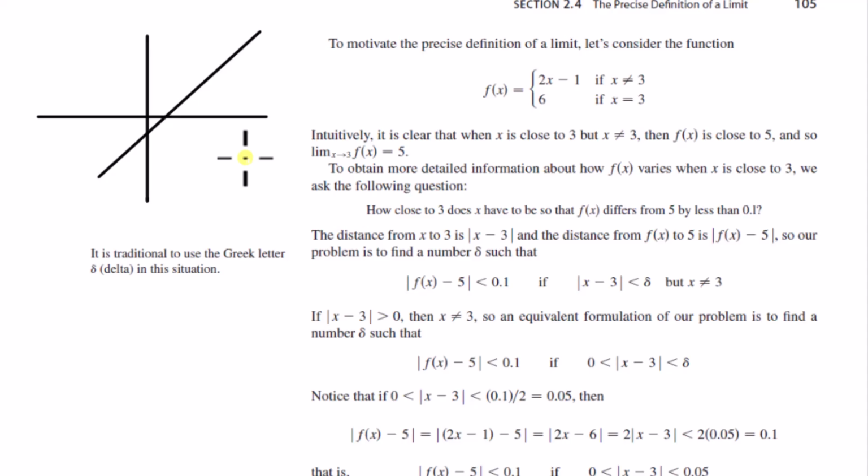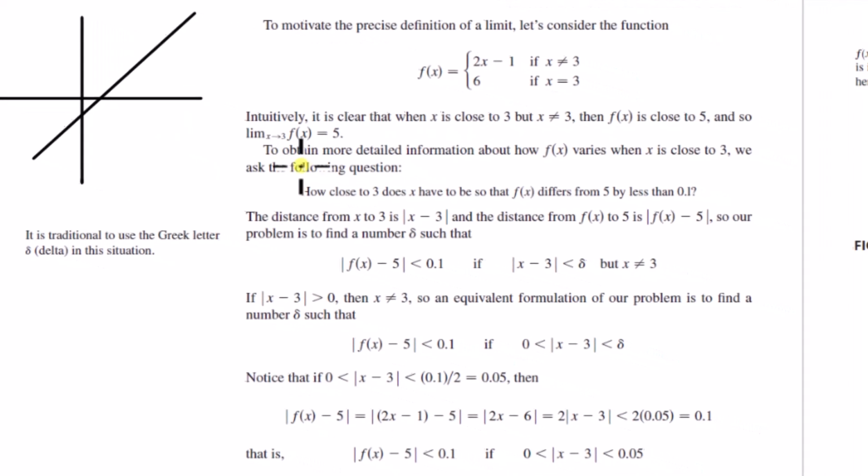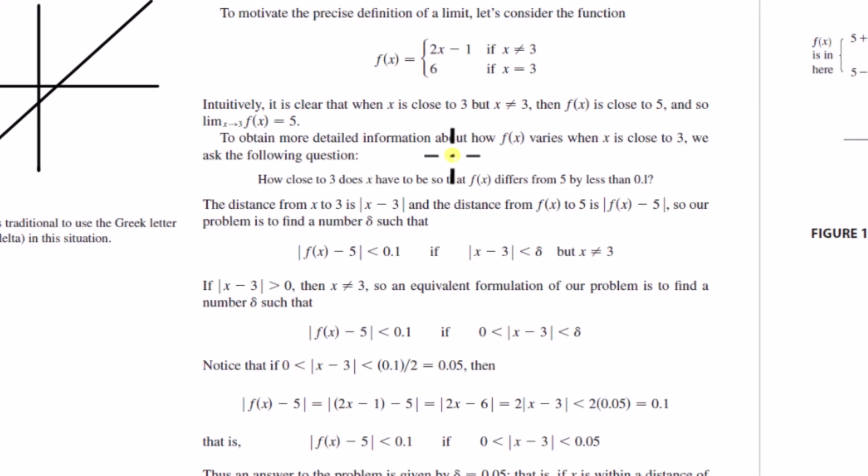Okay, but now, how can we analyze this from the perspective of the intuitive definition of the limit, though? So it says, to obtain more detailed information about how f of x varies when x is close to 3, we ask the following question. How close to 3 does x have to be so that f of x differs from 5 by less than 0.1, right?